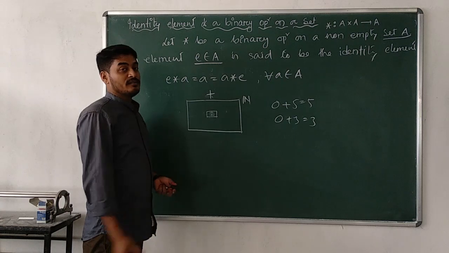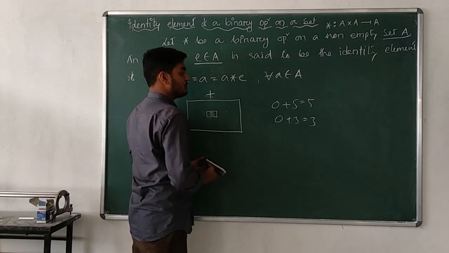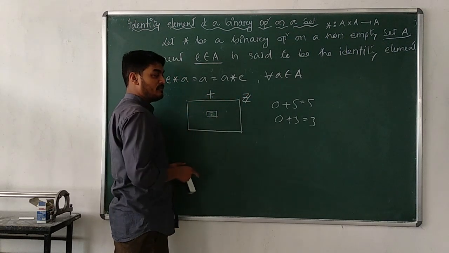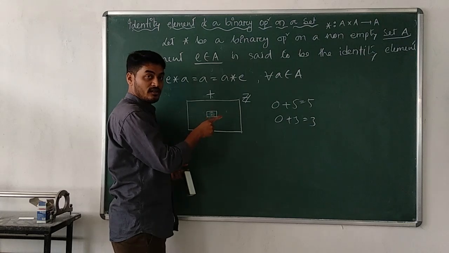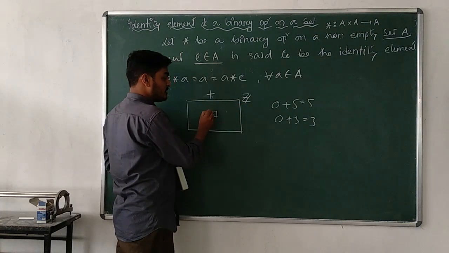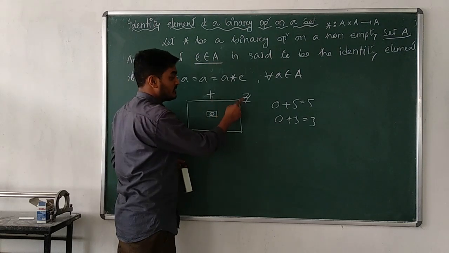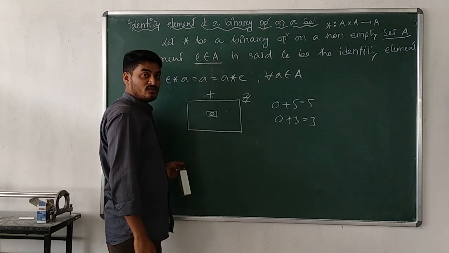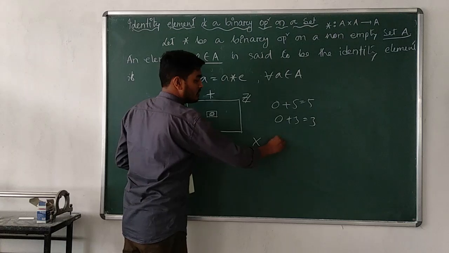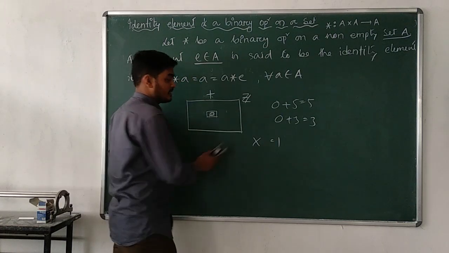If I say integers, then obviously under the addition operation, which one will be considered the identity element? 0. Is 0 there in the set of integers? Yes, 0 is there. That's why 0 is the identity element here in case of addition. In the integer set Z, 0 is the identity element for addition, and for multiplication the identity element is 1, as everything remains the same.